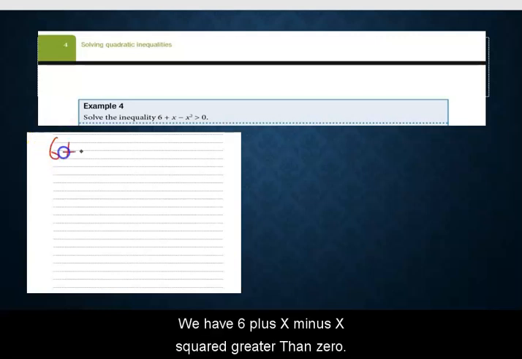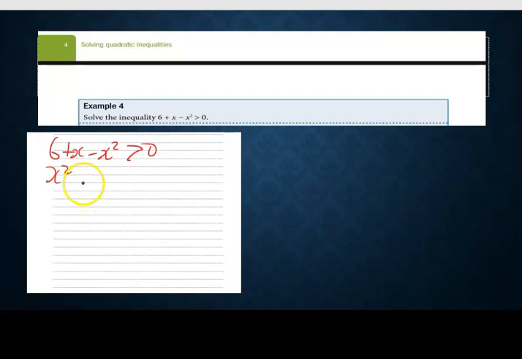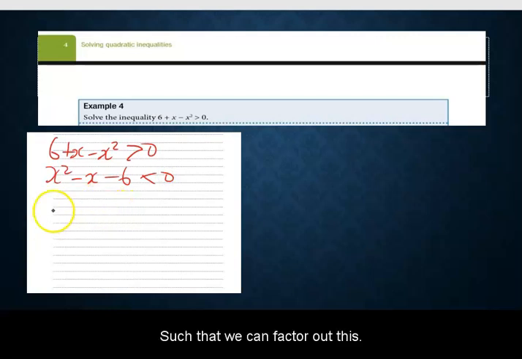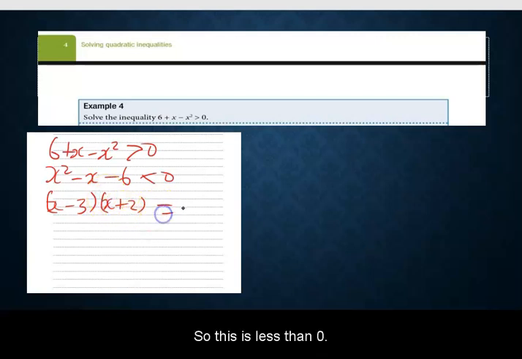You can rewrite this as x squared minus x minus 6, then the sign of inequality changes to less than 0, such that we can factor this. We have x minus 3 and then x plus 2, and this is less than 0.